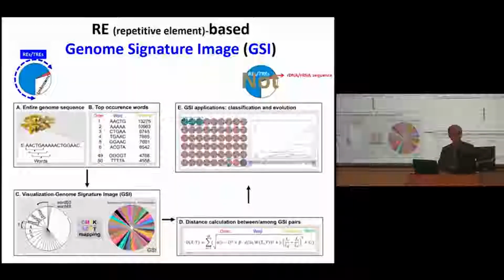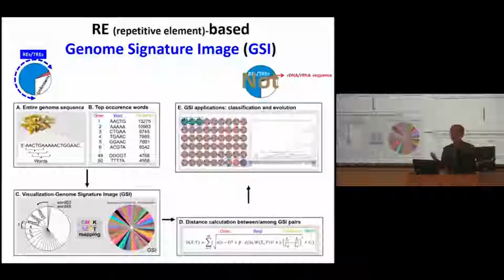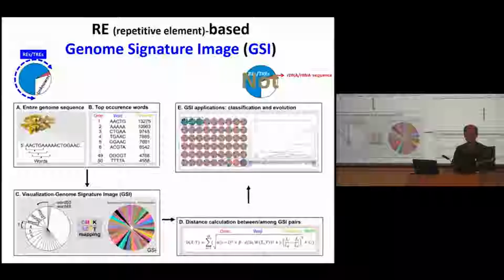So we developed a system called genome signature image. Basically, we used the CMYK scheme. We assigned 4 different nucleotides to the printer's CMYK. And then we picked the top frequency repetitive elements from different microbes. And we developed a computation system to measure distance. And we tested the system with E. coli. We found that it is working.